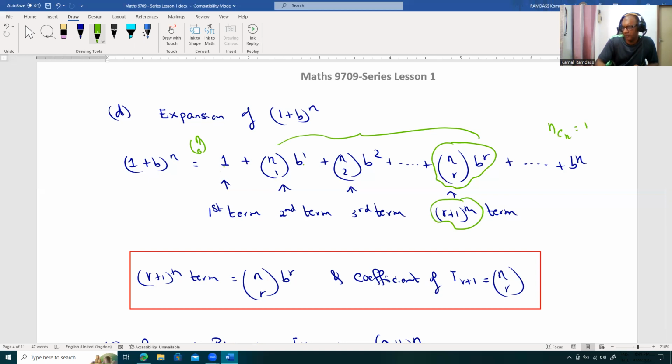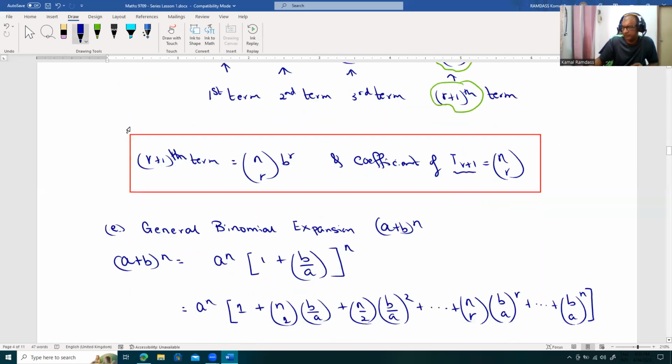Ça veut dire, the r plus 1 term, c'est nCr b to the power of r, and the coefficient of, bon, on appelle the r plus 1 term T(r+1), nous avons servi cette notation là, c'est nCr. On est capable de servir nCr ou bien nr, mais il veut dire même affaire.